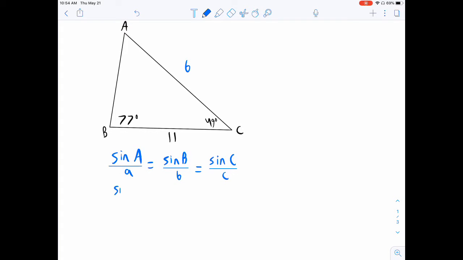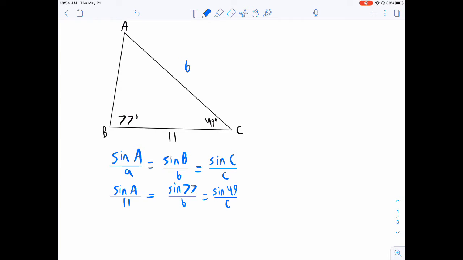So, sine A over 11 equals sine 77 over B. Keep in mind we're trying to solve for B, which equals sine 49 over C.